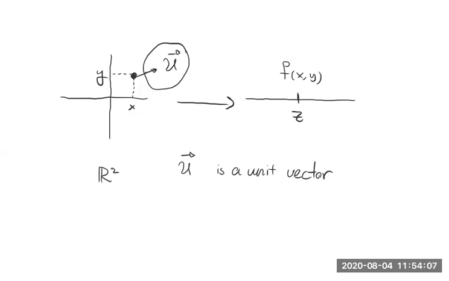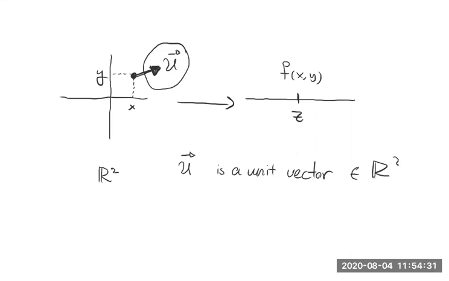If you want to see if you are going up or down, you can just take one step. That's kind of what it means by taking u to be a unit vector. Just going one step in one direction and seeing how much the height would change. This is a unit vector in R2.